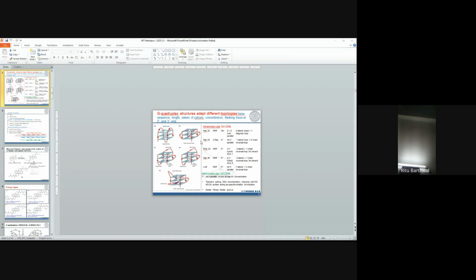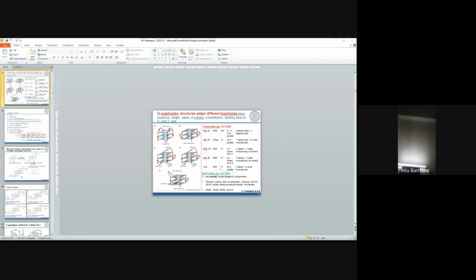When I say intricate conformational aspects, please refer to the first slide which Dr. Pamita had shown. The glycosidic bond rotation can be either anti or syn, which will take the sugar one way or 180 degrees apart. The second is the sugar conformation, which may be C3 prime endo or C2 prime endo.